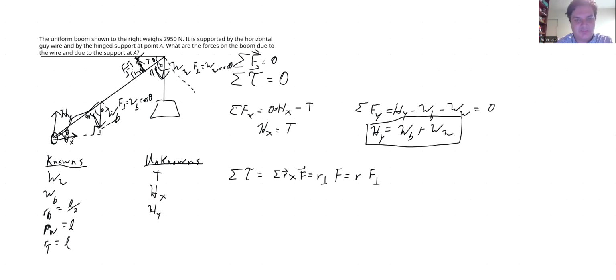So sum of torques is equal to 0 cross Hx plus 0 cross Hy. I'm not going to go through how to find the sines and cosines there because they're not really important at the moment.